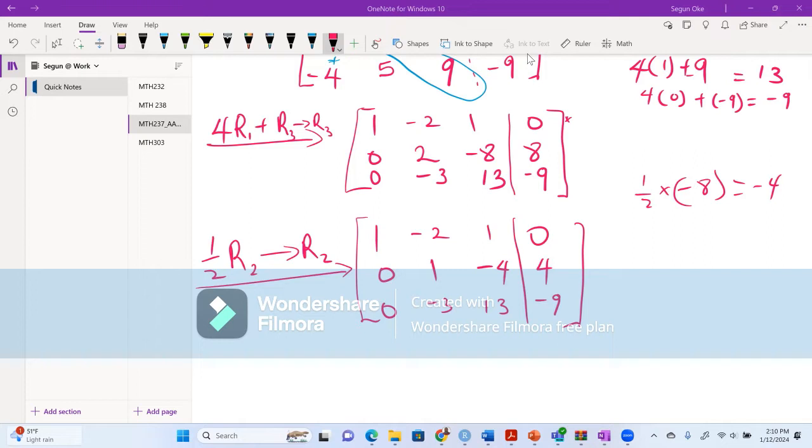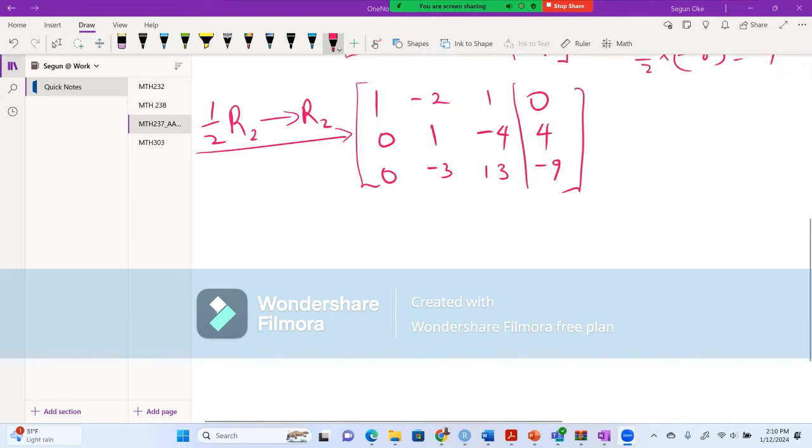Add 3 times R2, yes. R2 plus what? Look at it very well. If I put 3 there, it's 3R2 plus R3.